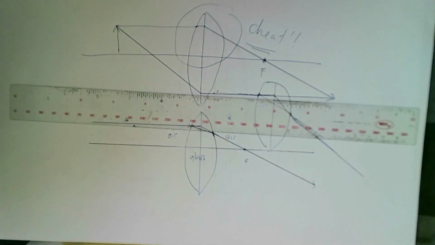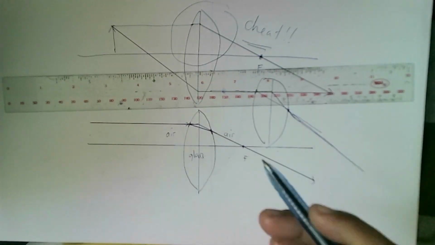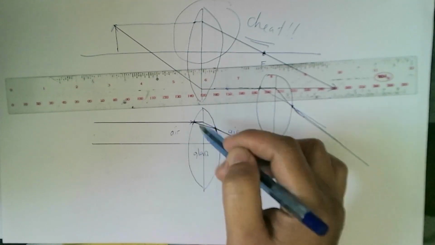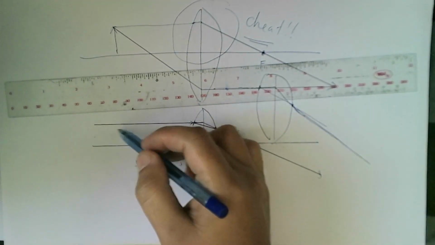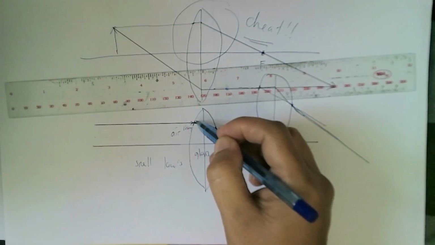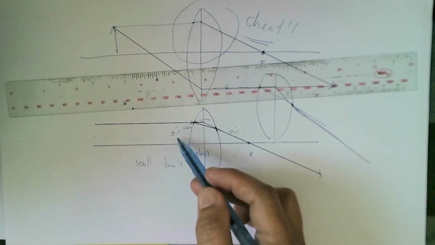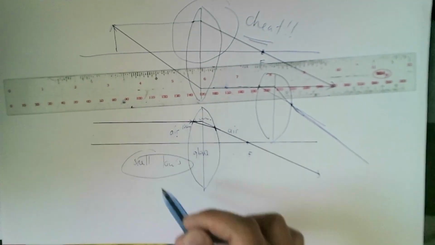Okay, so I hope you understand that there are nuances like that. There are shortcuts like that that we take in science because we don't want things to be more complicated. Because in higher concepts, you have to look at a law called Snell's law, wherein you measure the incident angle here, and then you measure the refracted angle, and the incident angle and the refracted angle have a certain relationship, and that's called Snell's law.